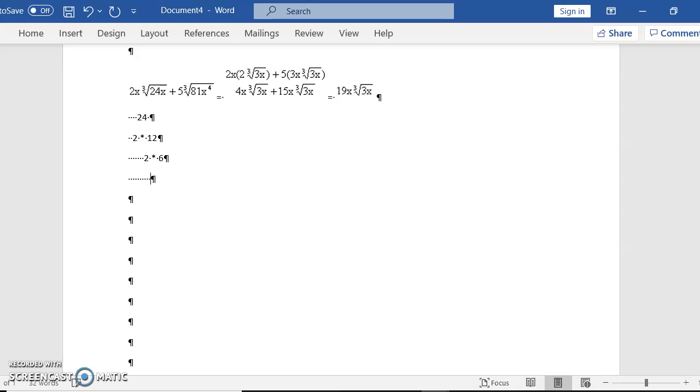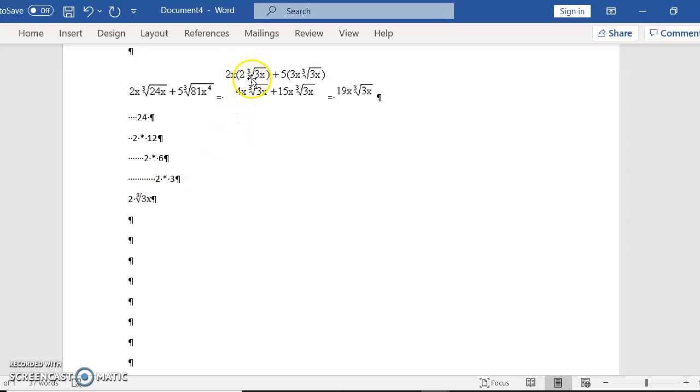Then I have 2 times 3. And so now I can put this together. 2 times 2 is 4, times 2 is 8. So the cube root of 8 is 2. Okay? And then I have the cube root of 3.